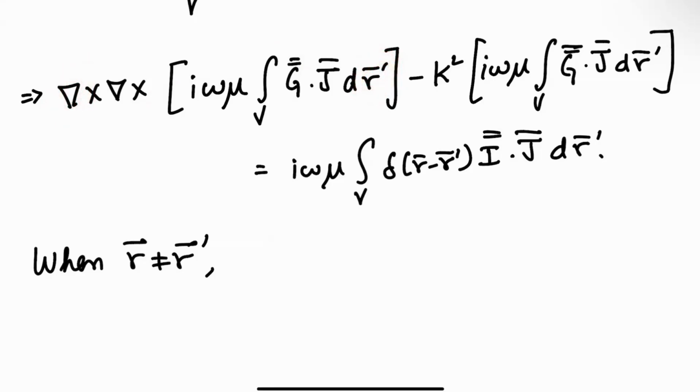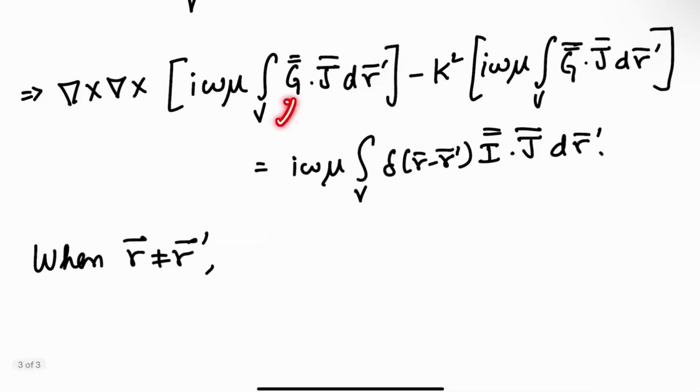Now you can't always do that when you have singularities inside the integral, because singularities can evaluate to a finite value, whereas the derivative of a singularity may not evaluate to a finite value. So you need to be a little bit careful about that. But since here, when R is not equal to R prime, we're looking at points outside the source distribution, then you can do this.